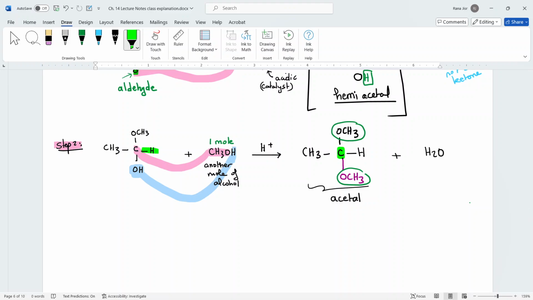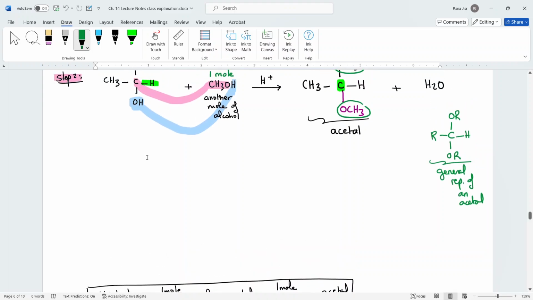A general representation of the acetal is a carbon that is connected to OR, another OR, a hydrogen, and then an R. This is a general representation of an acetal.